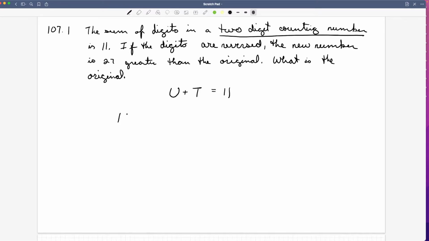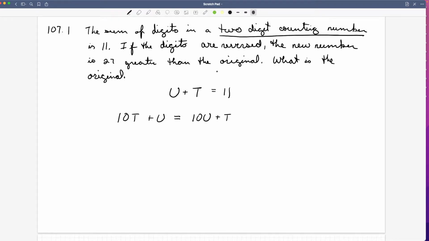We know that 10 times t, that's in the tens place, plus u, that's the original number with the t in the tens place and the u in the u's place. If we reverse that, we have to change the location of the u. We have to put it in the tens place. So we're going to say 10 times u plus t.